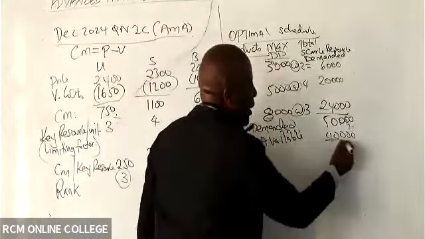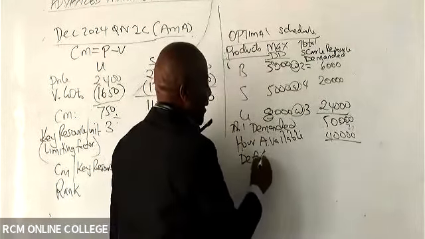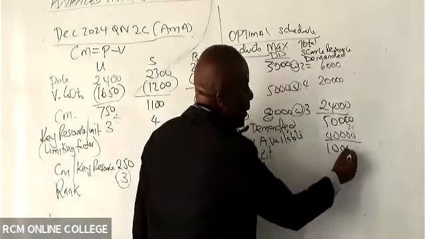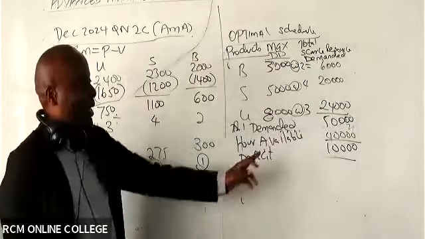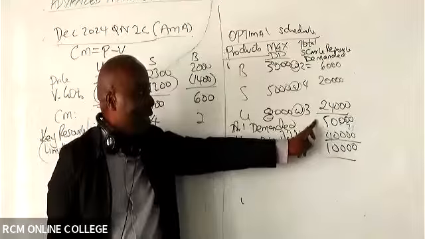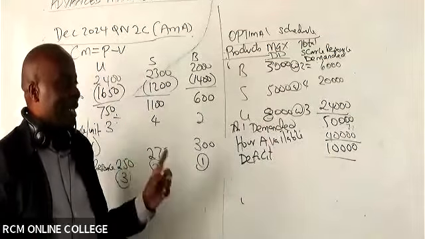So in this case we know the deficit. The deficit here is how many hours? 10,000 hours, because this is what is available and what is demanded is 50,000. So you have a deficit of 10,000.